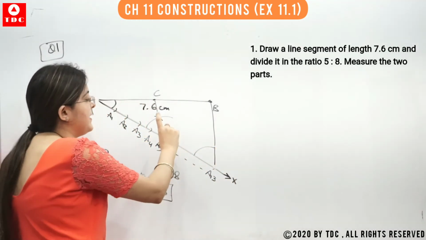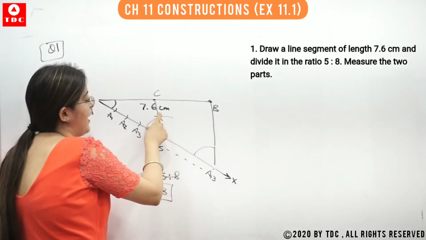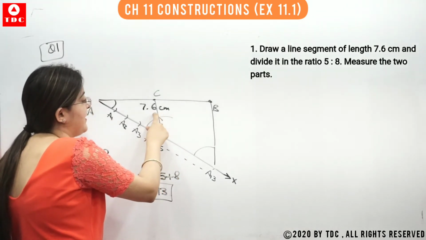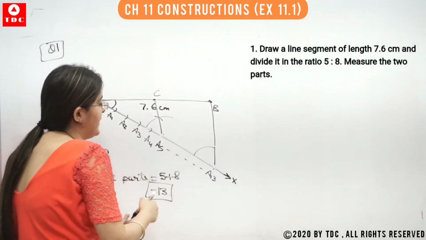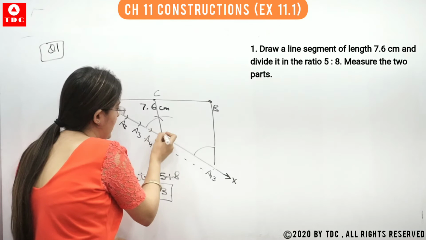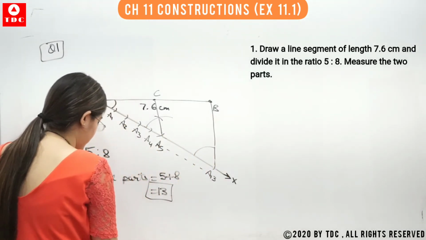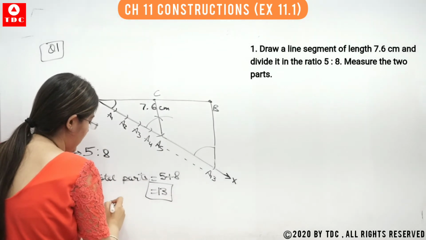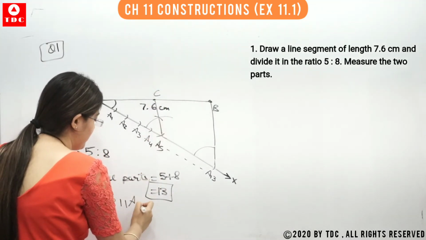With the same radius, keep it at A5 and draw an arc. Then keep the rounder here without changing the radius and make another arc. Join A5, C. That means you have to draw A5C parallel to A13B.